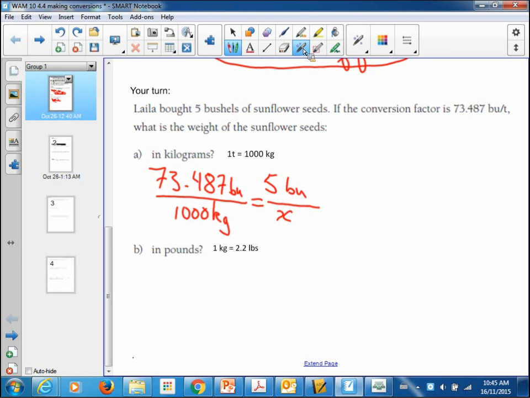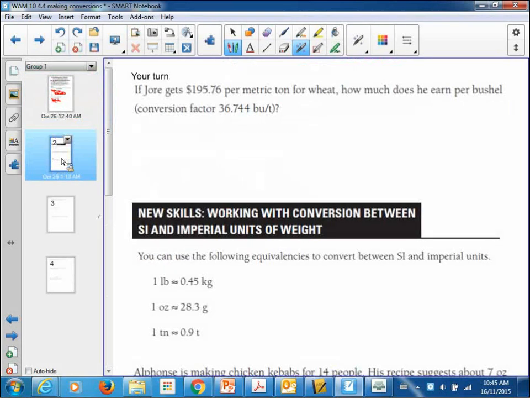Try this. If George gets $195.76 per metric ton for wheat, how much does he earn per bushel? Now, the conversion factor is 1 ton is 36.744 bushels. Give you guys a little start.